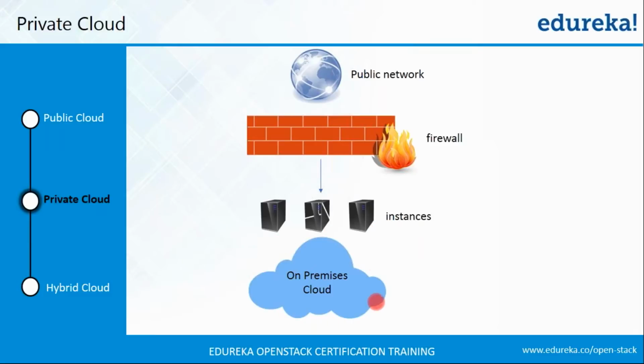So this is your on-premises cloud infrastructure, and you have got all the instances available to you. But to protect it from vulnerability from a public network, you also have to set up a firewall. So this is your private cloud that is completely inside your own network, and you have defined a firewall so that people from outside the public network cannot access it unless they're authorized to do it.